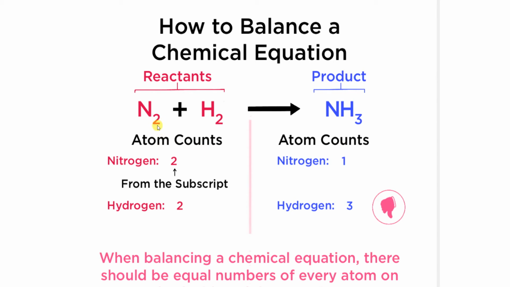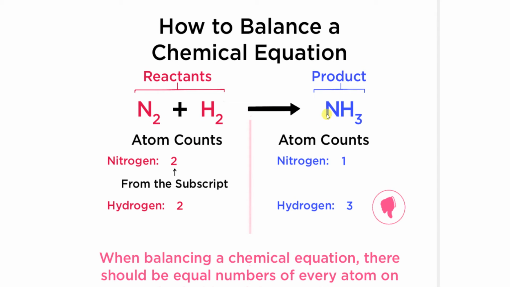See here atom counts. N is 2, H is 2, and once the product is formed, N is 1, H is 3. So it is not balanced. Before the reaction, you can see here the left side, and the left side and right side should be equal for balancing. 2 N atoms and 2 H atoms.